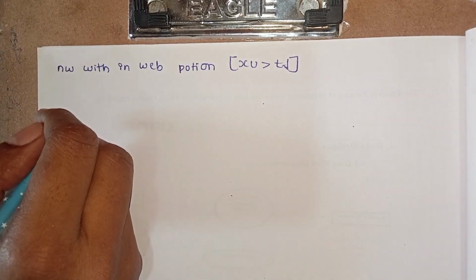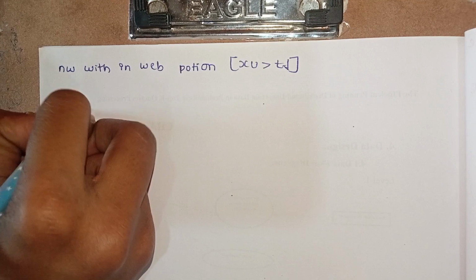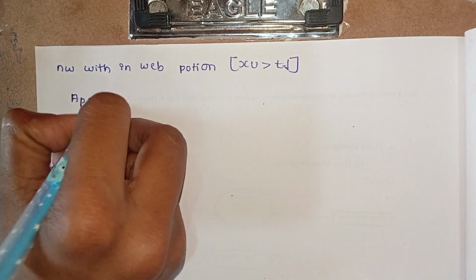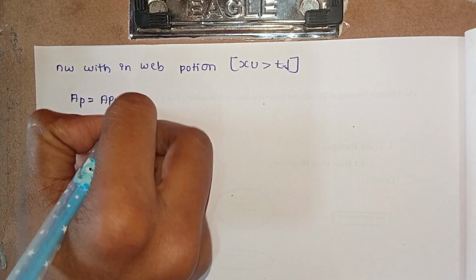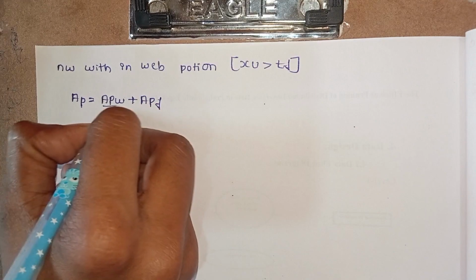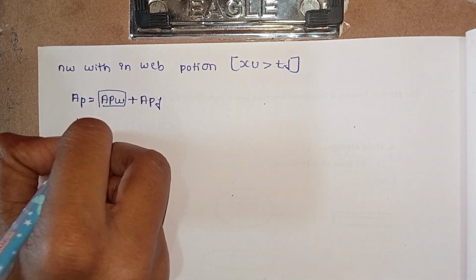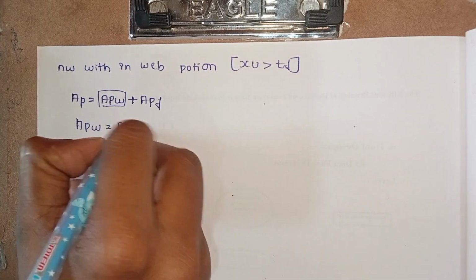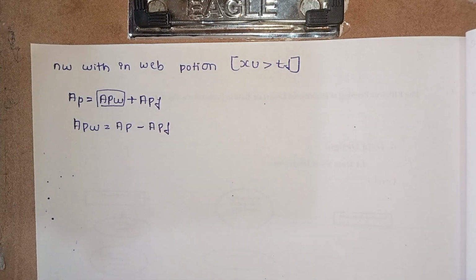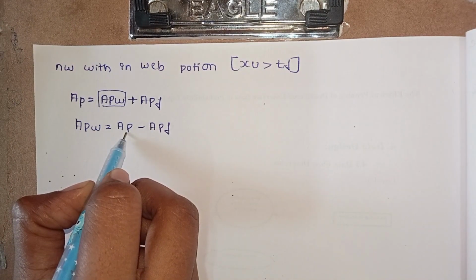So the area formula is AP equal to APW plus APF. Now we want the APW value, so APW equal to AP minus APF. AP value is given in the question, 4700 mm square.